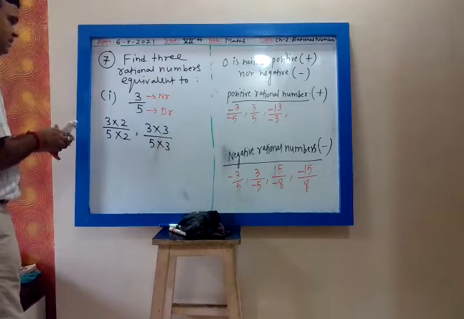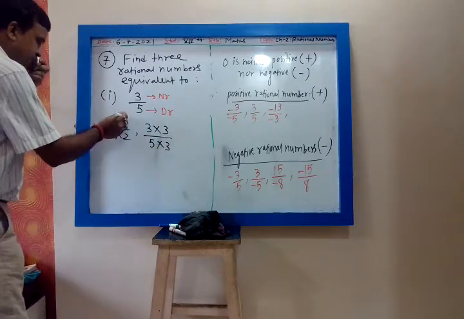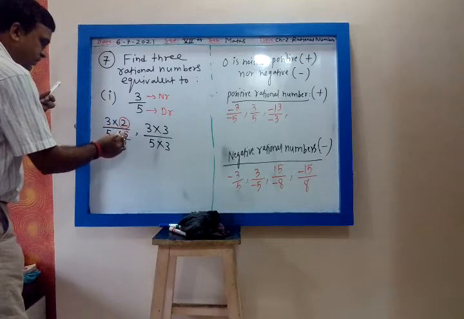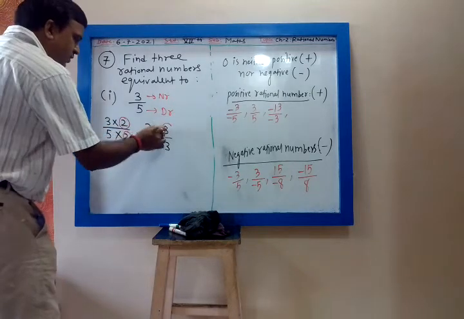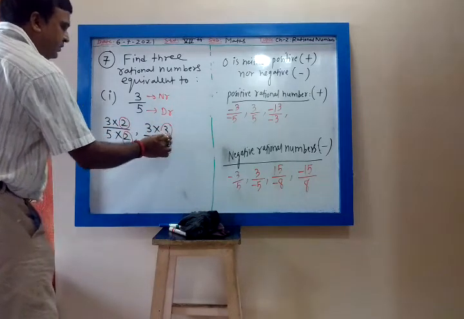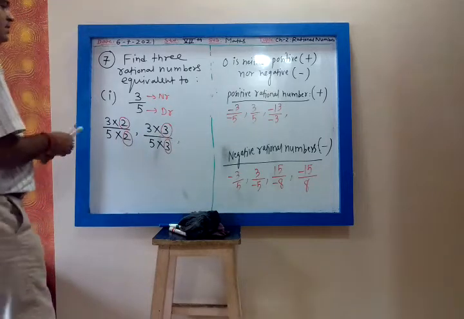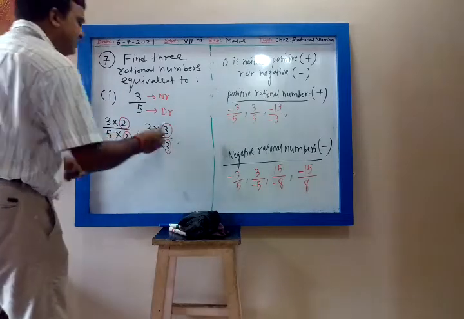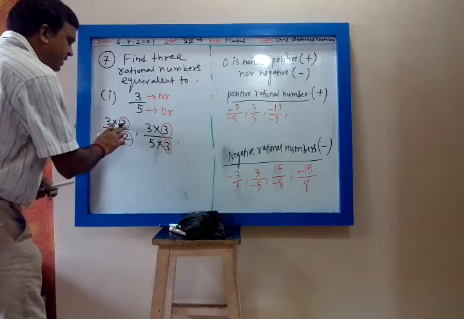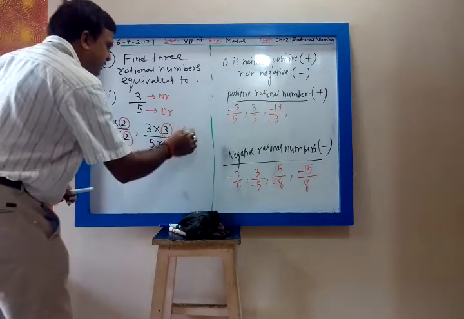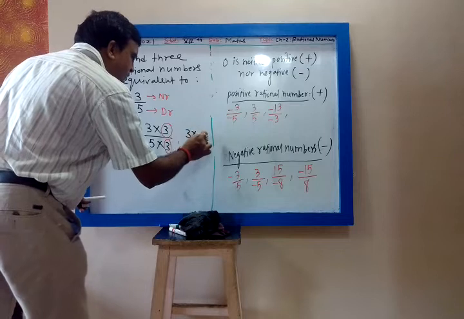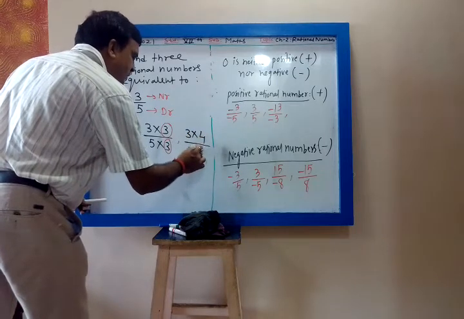So I have multiplied this rational number 3 by 5 with 2 in numerator and denominator, then 3 in numerator and denominator. To get the third equivalent rational number, first I multiplied by 2, then 3, now I will multiply by 4. So 3 into 4 upon 5 into 4.